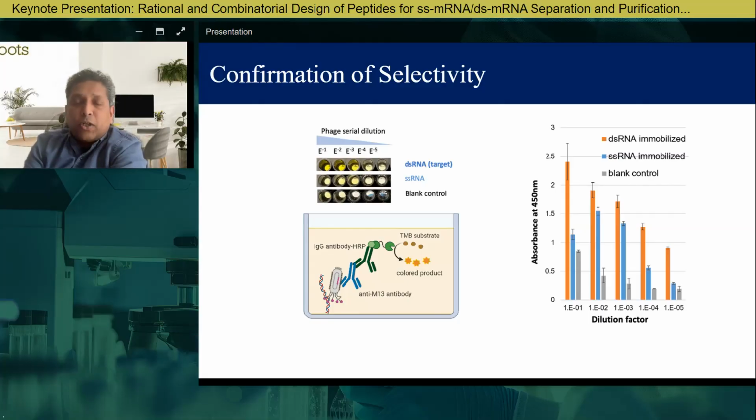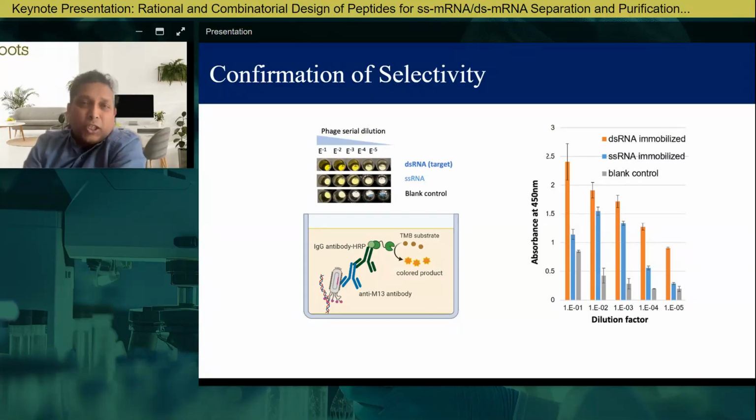This is a situation you face in any kind of biological display method, where you're still going to keep pulling binders that bind to your well plates, to your polystyrene, to your background. And so we're always conscious of it, that we want to remove that population. Either way, the central point of this figure is that at the population level, which is the orange bars, we find clones that bind to the double-stranded RNA far better compared to the single-stranded RNA.